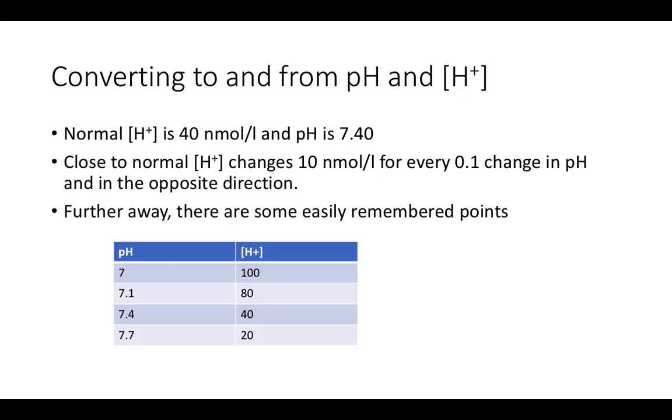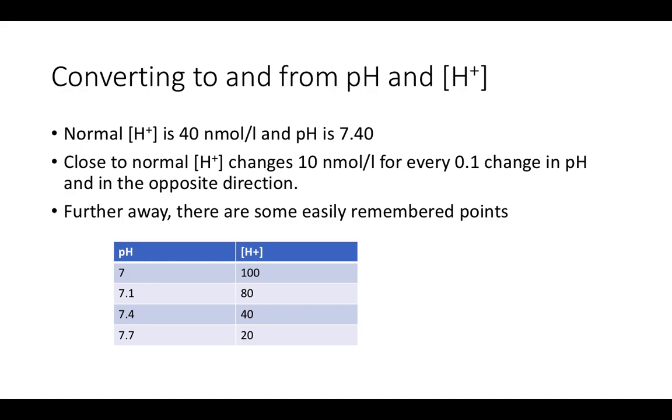Let's return to the Henderson equation, but before that we have to be able to convert easily between pH and hydrogen ion concentration over the range that might be encountered in serum. As we've just seen, the normal hydrogen ion concentration is about 40 nanomoles per litre, which corresponds exactly to a pH of 7.40.